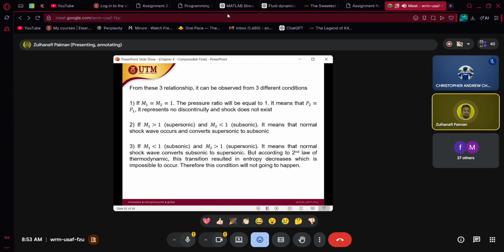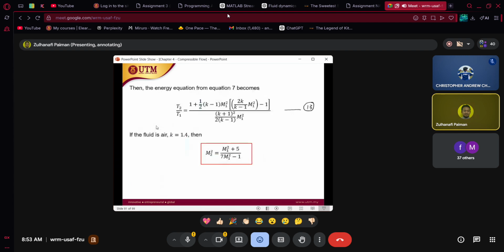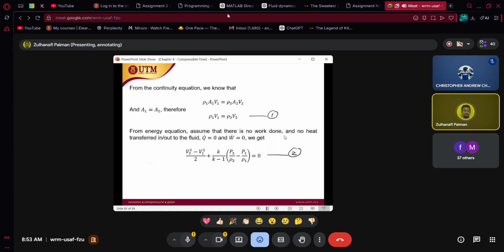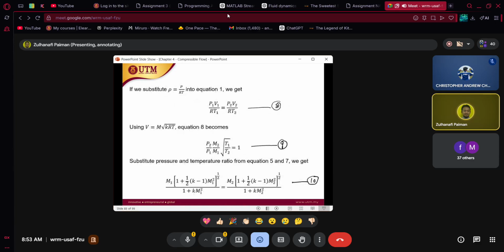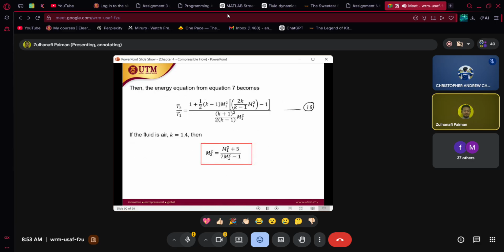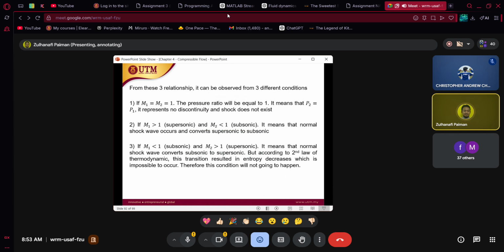Mach number 1 before the shock wave must be supersonic, and Mach number 2 must be subsonic. That is the condition that must be fulfilled for the shock wave to exist.